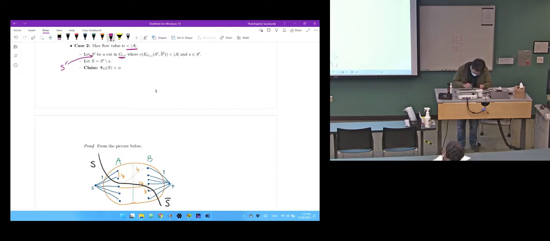Maybe this is S prime. It might look like this. And the cut size is less than A. Then I can define the cut S to be the same as S prime, but I remove the super source. Now this is a cut in the graph. Now the claim is that this cut must be a sparse cut.